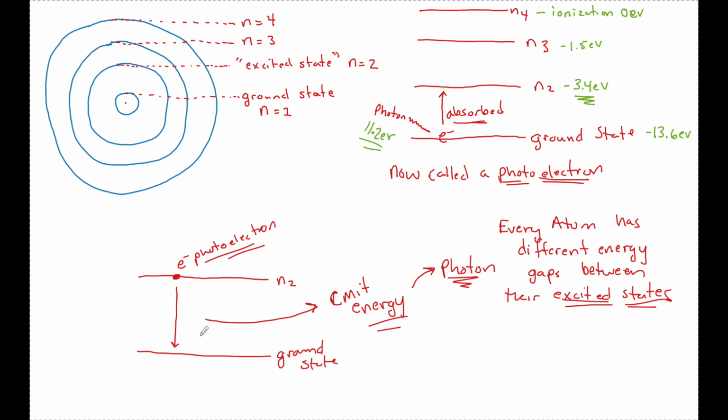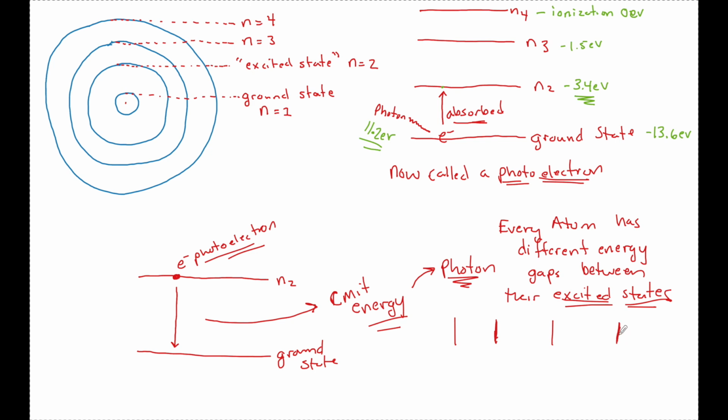So that's where we get into spectroscopy, where we're looking at the different spectral lines of an atom. And you did this lab in chemistry where you looked at neon lights through a spectroscope and you saw these different lines that gave off specific colors. These were like the fingerprints of the atom.